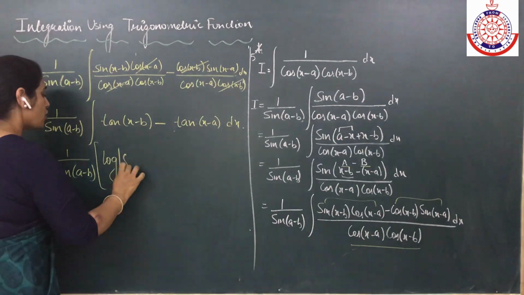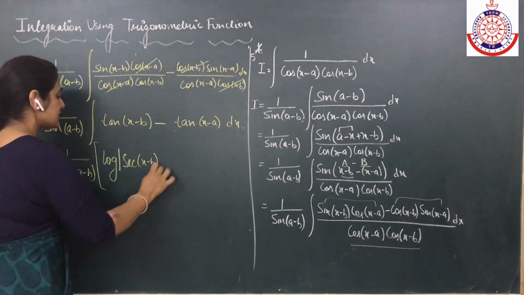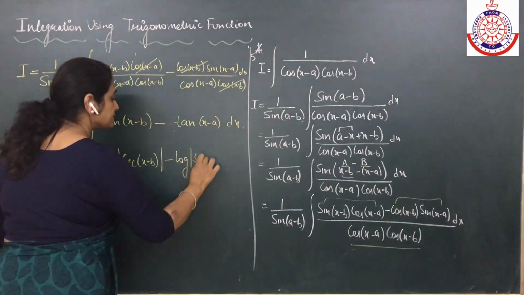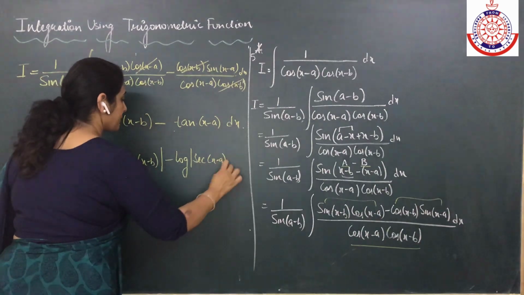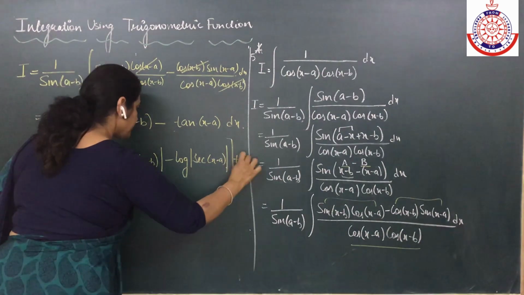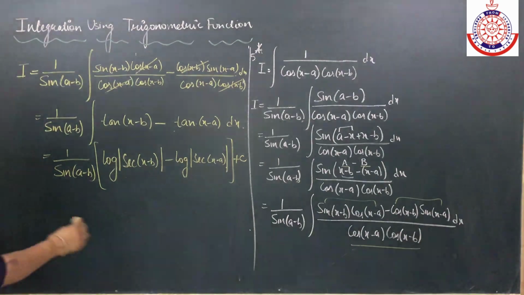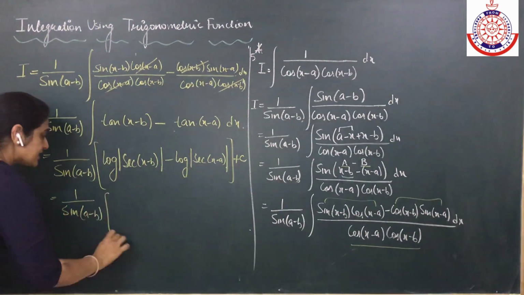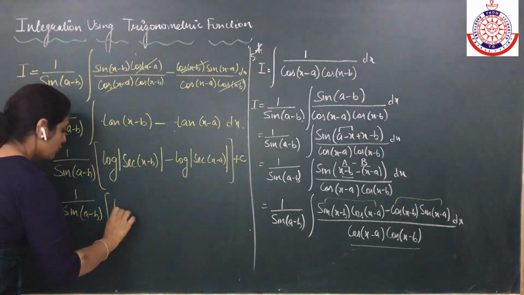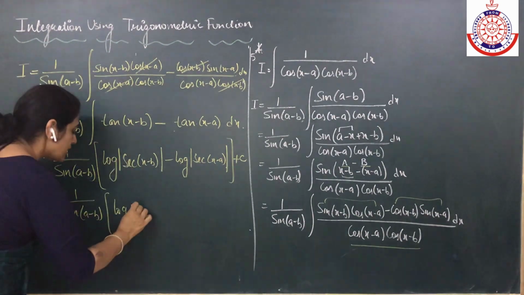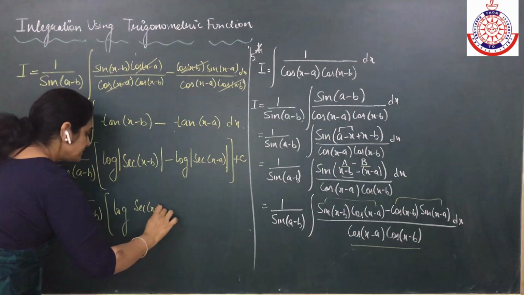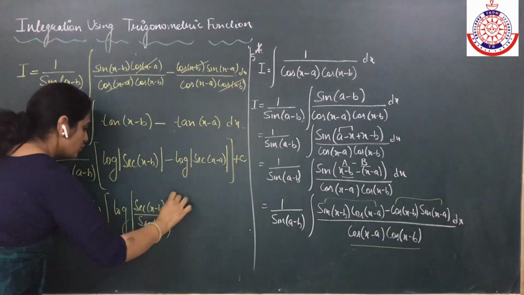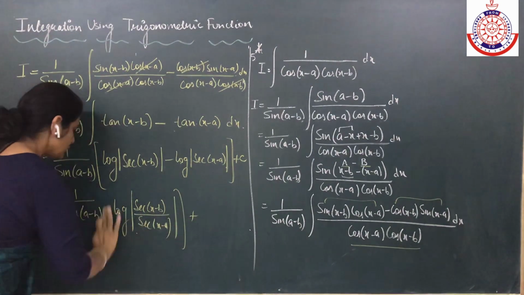If I write log of secant x, plus c. Alright. Further, if you want to simplify, you want to write it using the log m minus log n formula, you would know the formula: log m minus log n is log m upon n. So we can do that also.